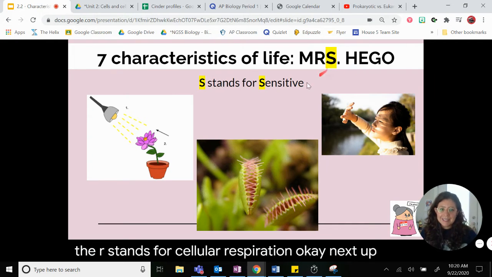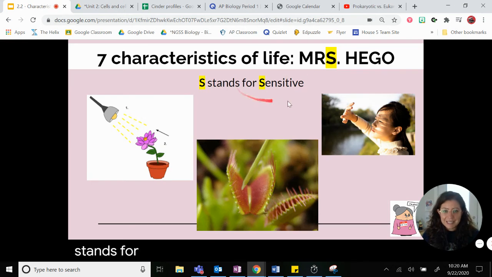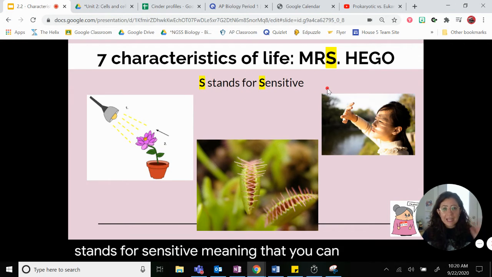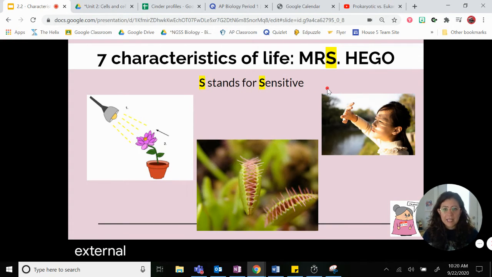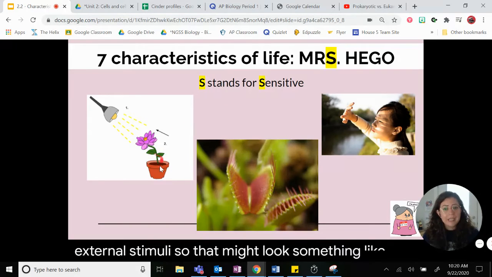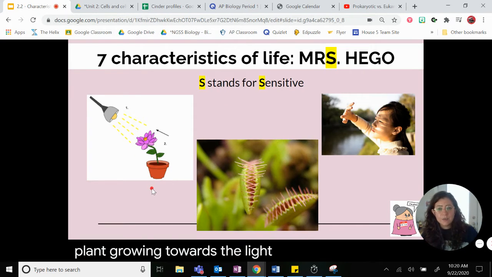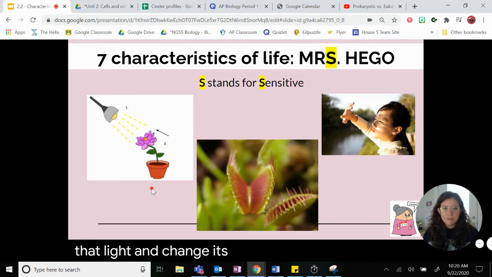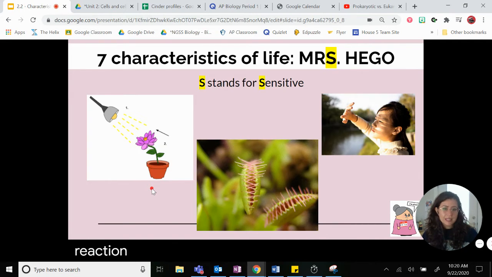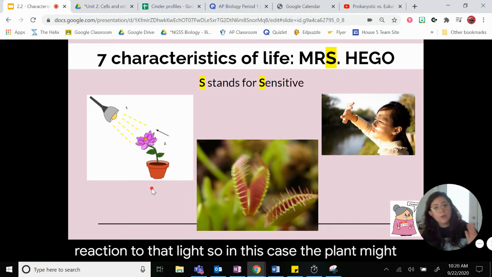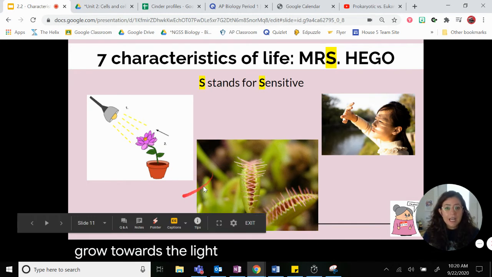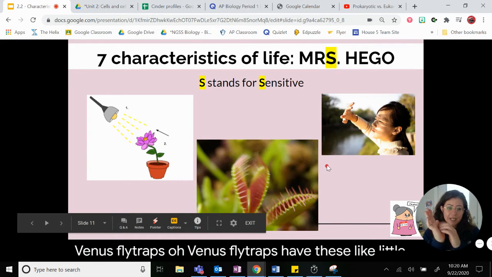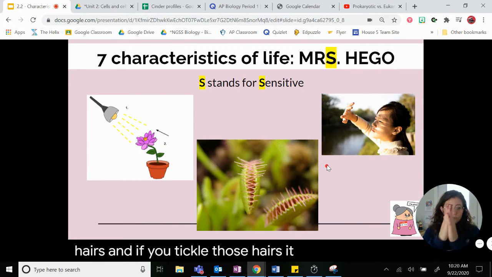Okay, next up, S. S stands for sensitive, meaning that you can react to external stimuli. That might look something like a plant growing towards the light, so it's able to sense that light and change its behavior or physiology in reaction to that light. Another example could be this Venus flytrap. Venus flytraps have these little hairs, and if you tickle those hairs, it closes.